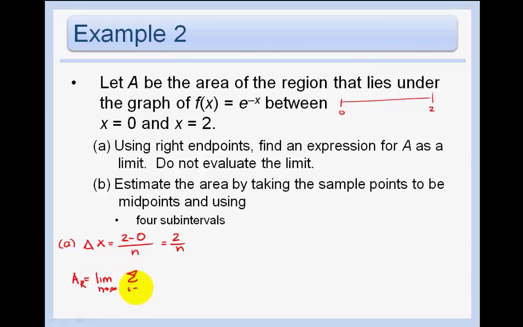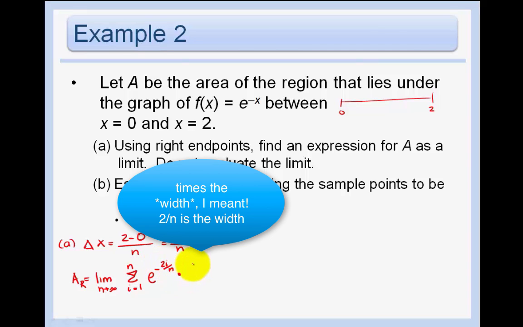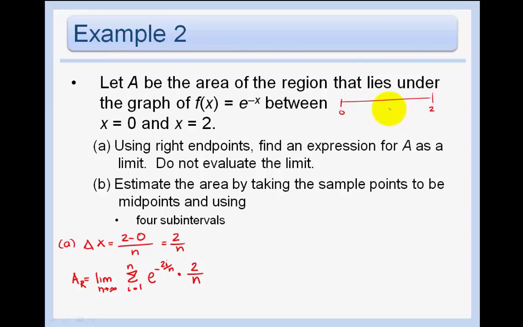So I want to sum up all n of these, and I need to do the width times the height. Or the height times the width, I guess. So the height is just going to be e to the negative wherever I am. So I am at 2i over n, times the width, which is just 2 over n. Right? Because if I split this into n little sub-intervals, I can say that I'm at x sub 1, x sub 2, x sub 3, whatever.